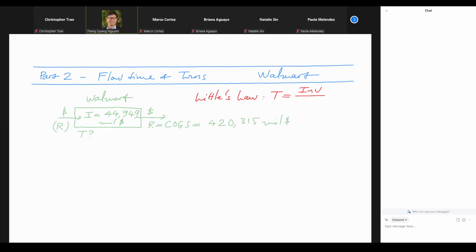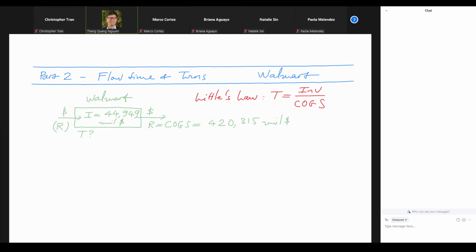By the way, the flow rate here is actually the cost of goods sold, so let me fix it to be the cost of goods sold. So the flow time, or how long it takes for $1 to go through Walmart, is the inventory divided by the cost of goods sold.